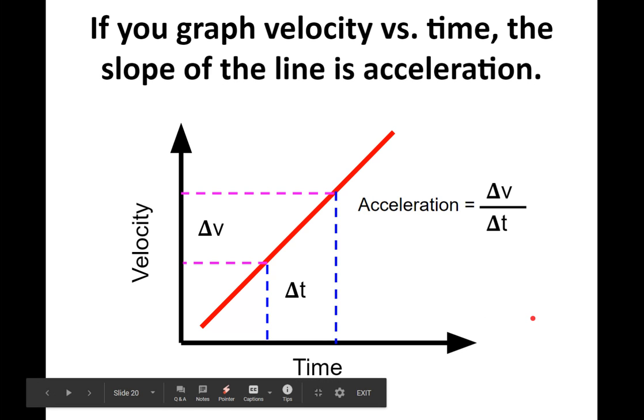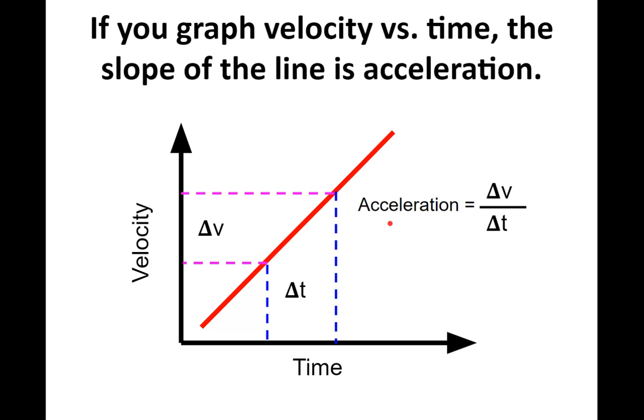Okay, so if you graph velocity versus time, and we haven't done that before, where you've got velocity on your y-axis and time on your x-axis, then the slope of the line is acceleration. Because remember, the equation for acceleration is change in velocity. Remember, delta means change in mathy speak.